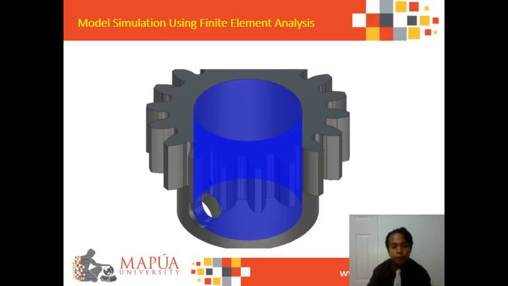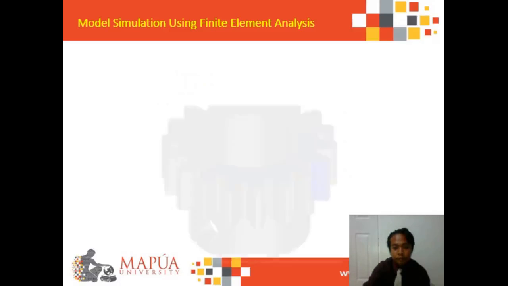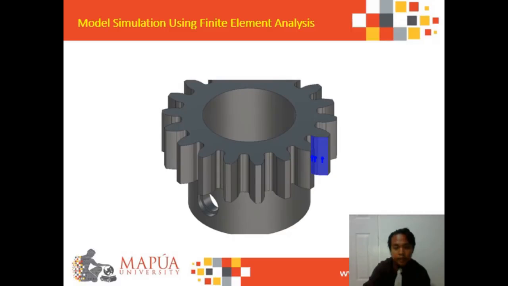Here we can see that it uses a pin constraint in order to revolve the spur gear, and here we can see how the load is applied to one tooth.